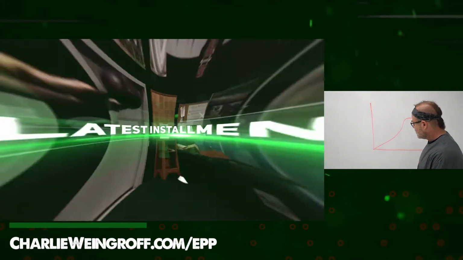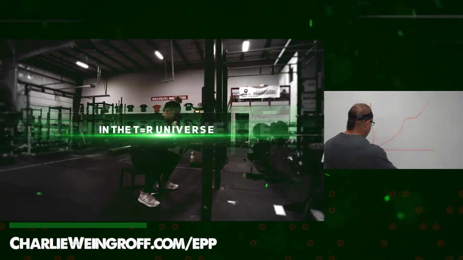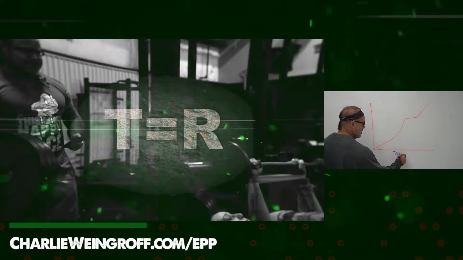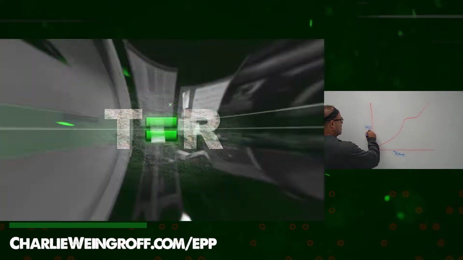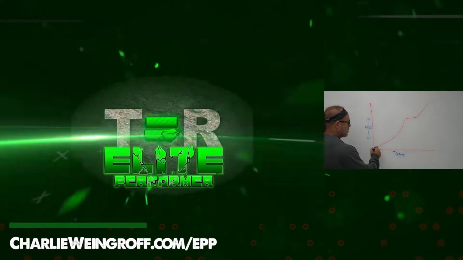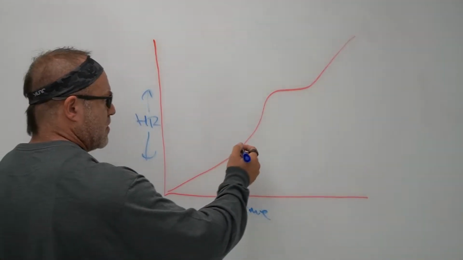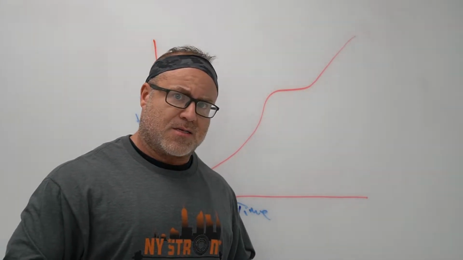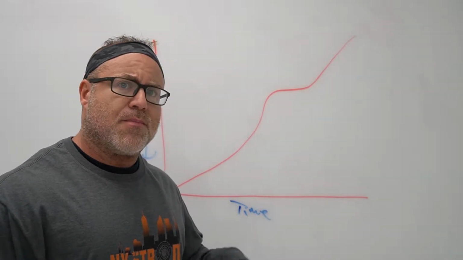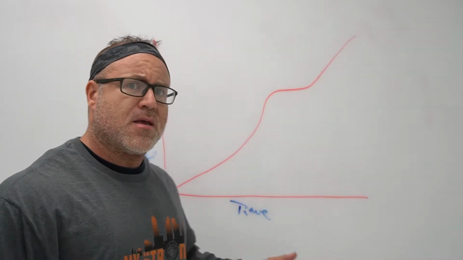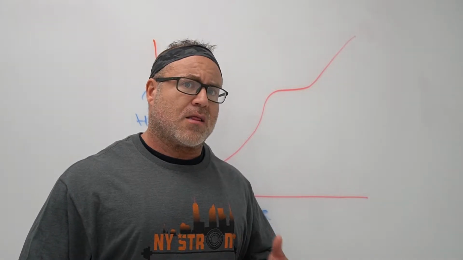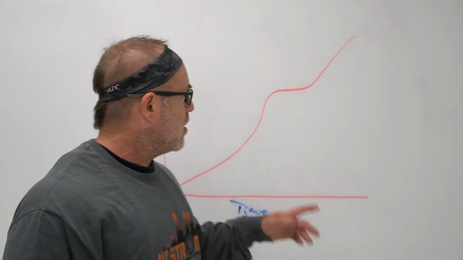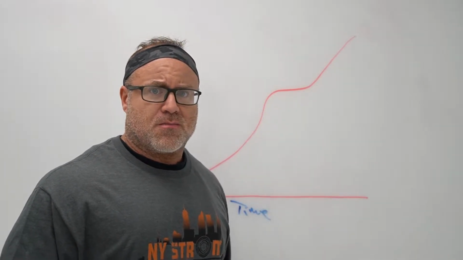So now, if we start here, we're at 0, so time is here and heart rate is here. Now we start at 0, and when we see this flatten, for any given maximal effort, your heart rate will go up and up and up, and depending on how well you tolerate different environments, which has to do more with peripheral adaptations, your heart rate will actually start to plateau.